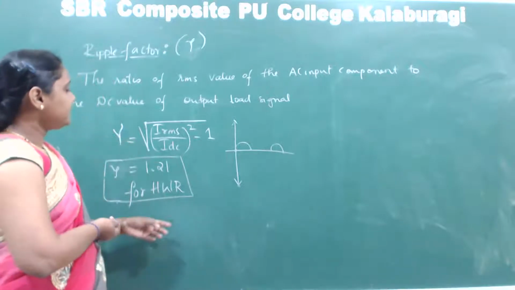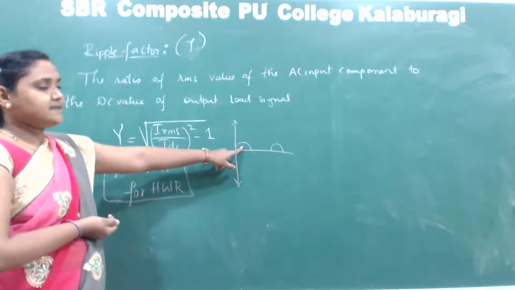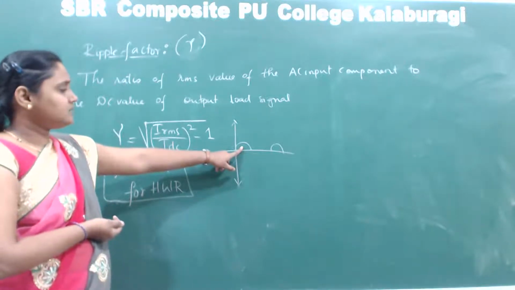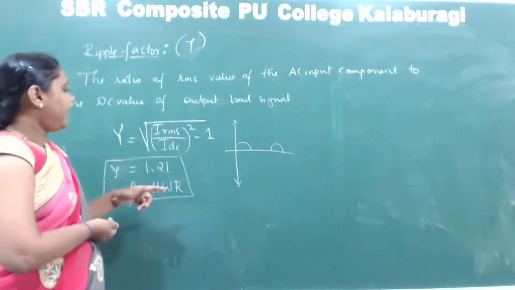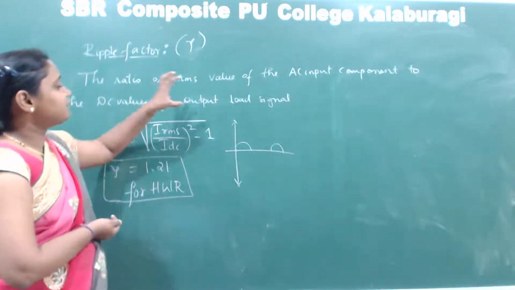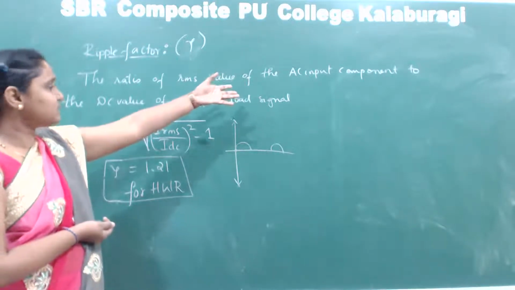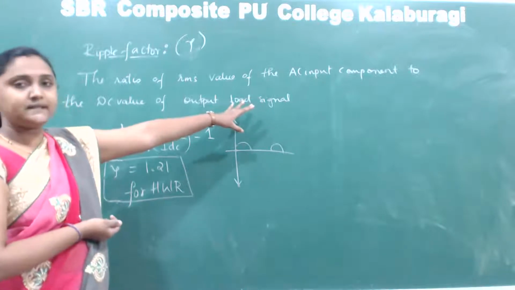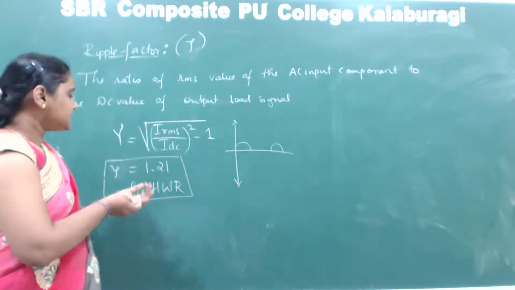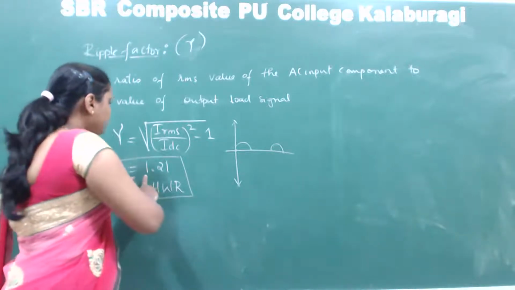It is defined as the ratio of the RMS value of the AC input component to the DC value of the output load signal. So this is the ripple factor, with typical value 1.21.